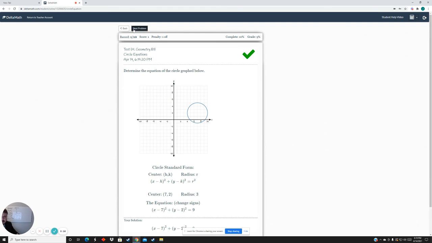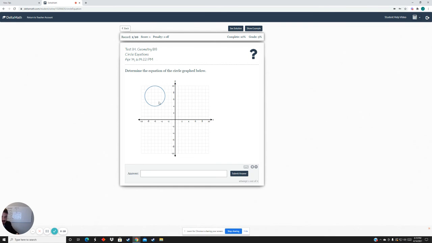Let me do one more problem just for the sake of an example, and then that will be it. For this one, let's look. Where is our center? Where is our radius? Our center this time is right here. 1, 2, 3, 1, 2, 3, 1, 2, 3, 1, 2, 3.